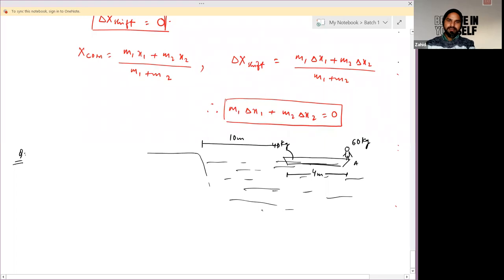This is end A and this is end B. If the man goes from A to B, find the position of the man from the shore or bank of the river.